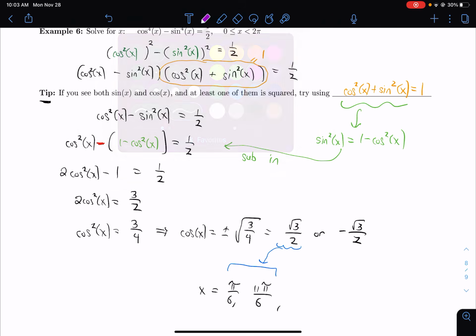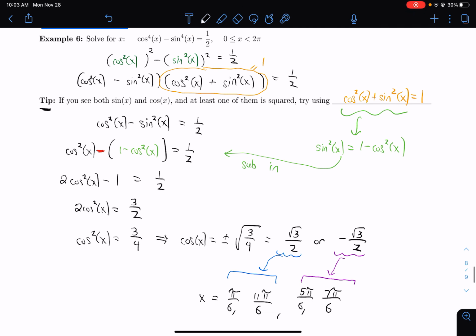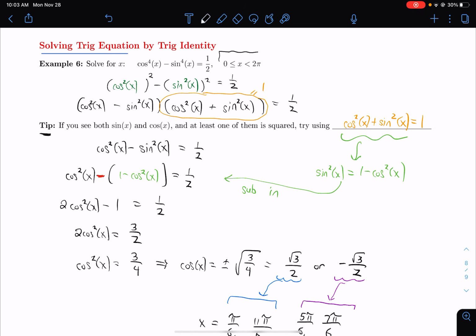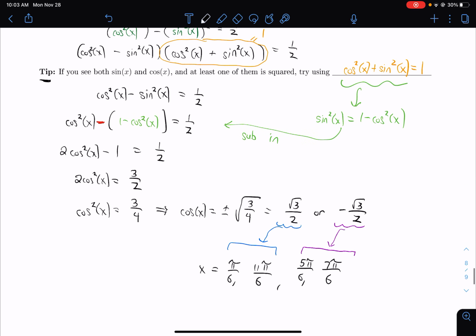And then when cosine equals negative root 3 over 2, we also get two answers. Those answers are 5 pi over 6 and 7 pi over 6. Okay, and we don't need to do that plus 2 pi k thing here, because remember, my x is between 0 and 2 pi, which means I'm only going around the unit circle one time. So these are our final answers.